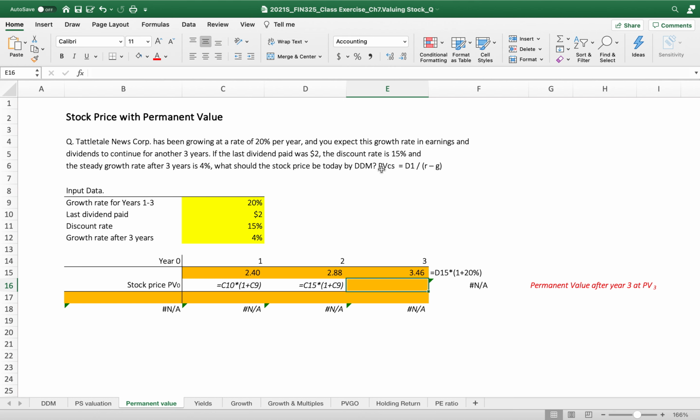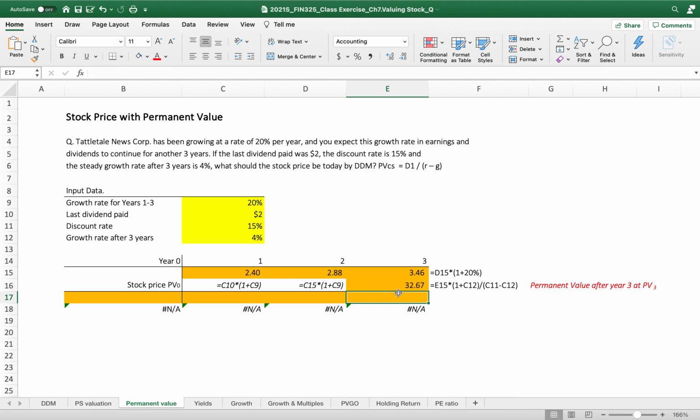The present value is equal to, now not D1, now we use D4 divided by R minus the permanent growth rate, right? So how do you get it? This 3.46 will be growing from then on. Now it's 4%. So this is dividend 4 divided by discount rate 15% minus growth rate.